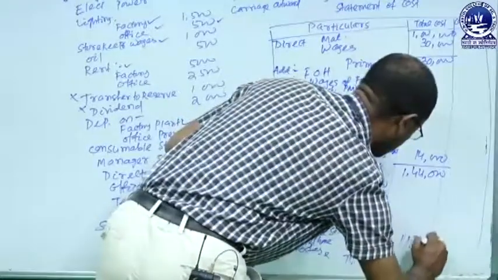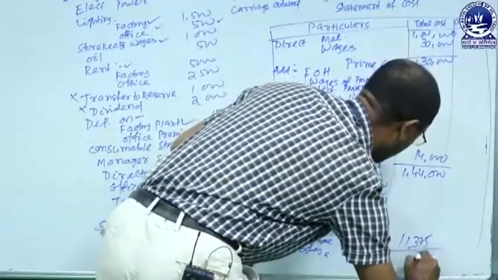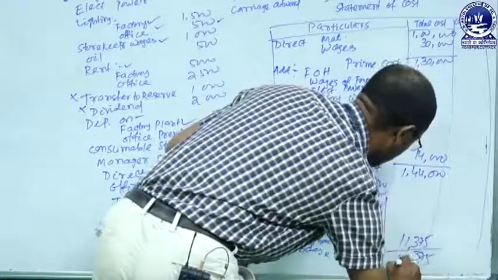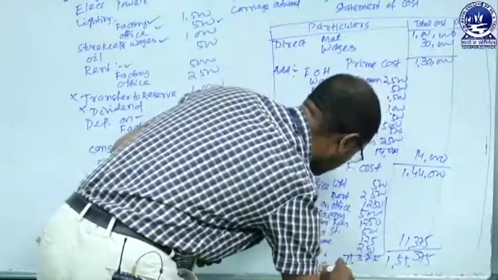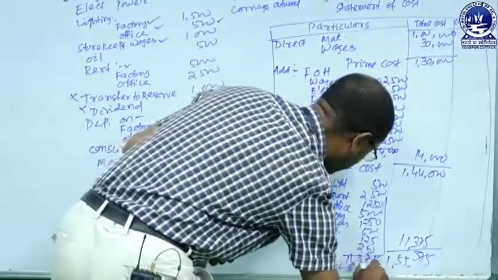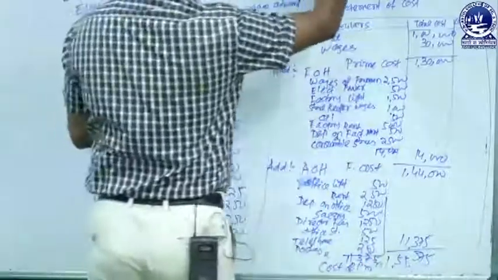We must add it with the factory cost. The total amount of cost of production is 1,55,375. This represents cost of production. So the cost of production is worked out.